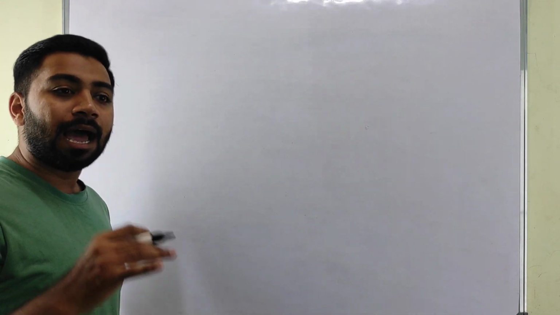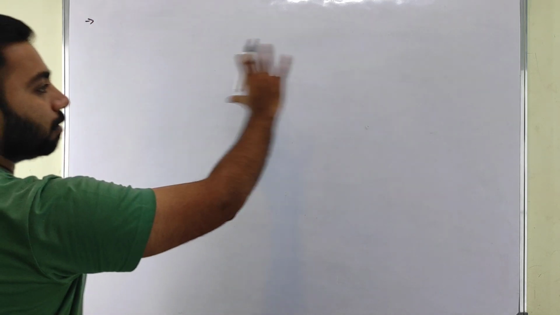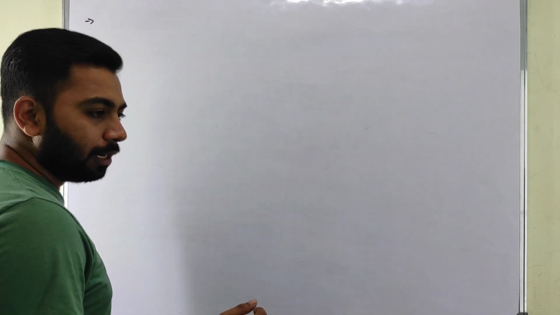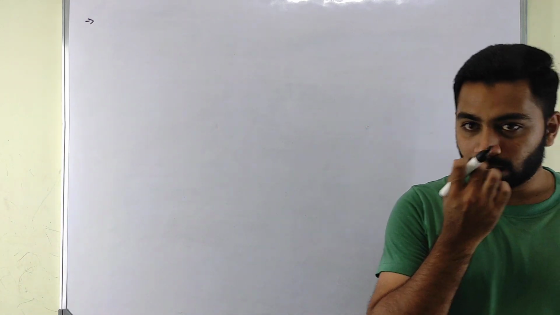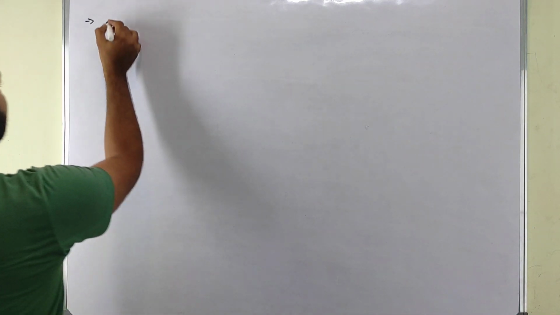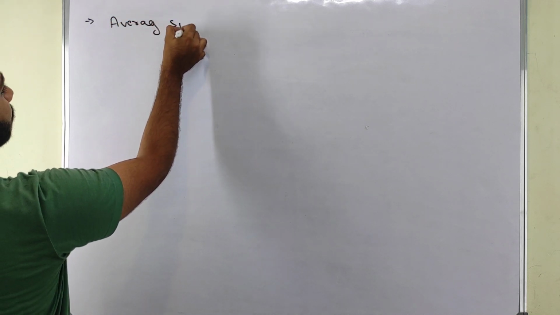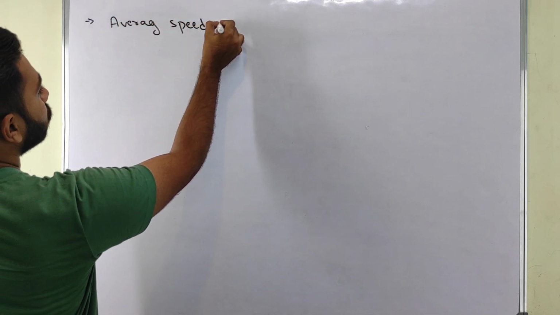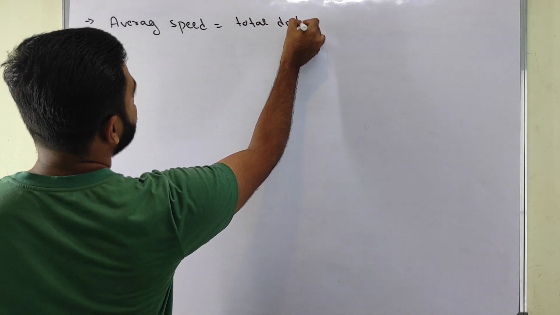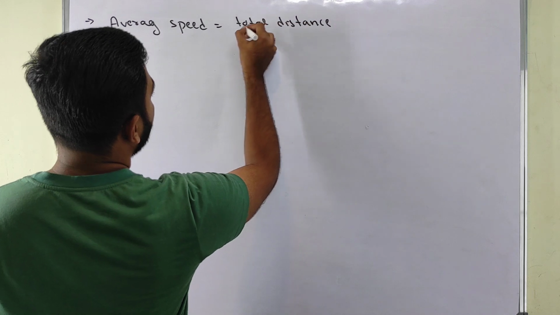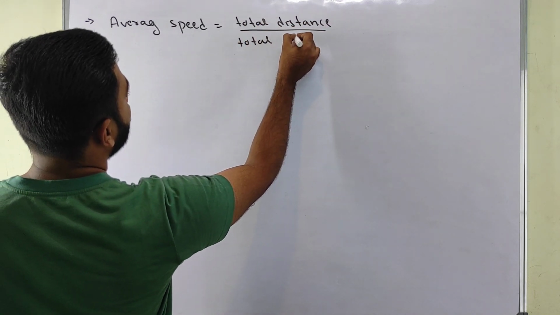Average speed or average velocity. See, now what I am going to write, 2 slides, is very, very important. To find the average velocity, we know it is overall distance over overall time. So first, average speed is equal to total distance divided by total time.